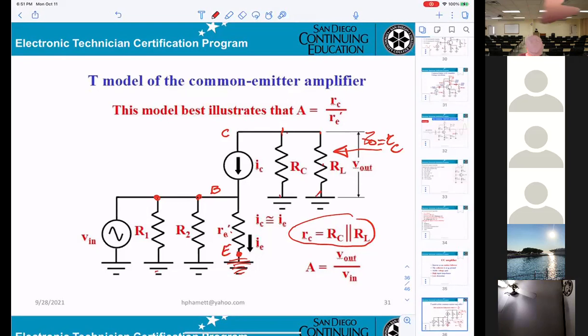The second thing they want is the input impedance. That means you're looking from your input, looking inside. That's what they call input impedance, Zin. So what are you supposed to see?